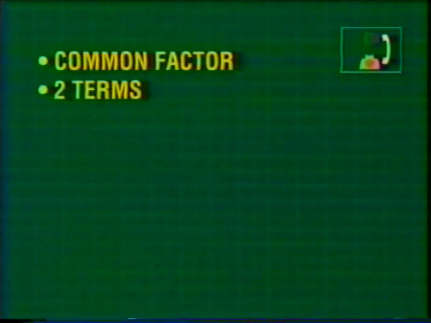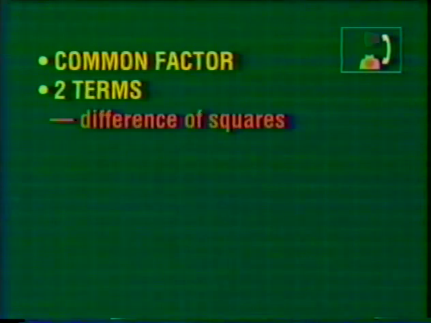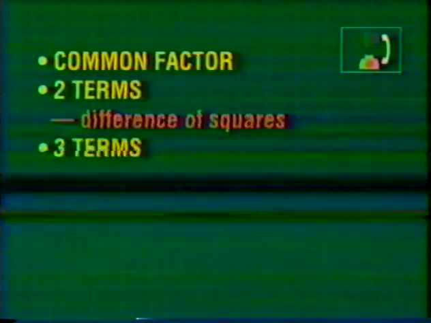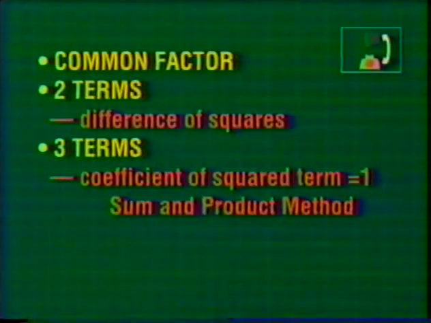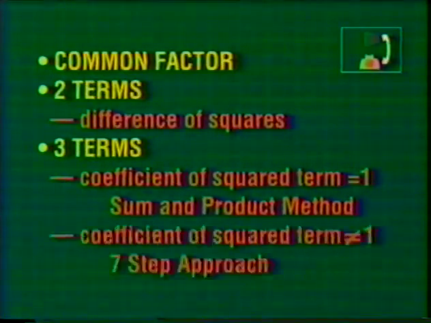If there are two terms, try factoring it as a difference of squares. But remember, don't bother trying to factor a sum of squares, because it won't work. If there are three terms, look at the coefficient of the squared term. If it is equal to 1, then use the sum and product method. If it is not equal to 1, then use the 7-step approach we outlined earlier.